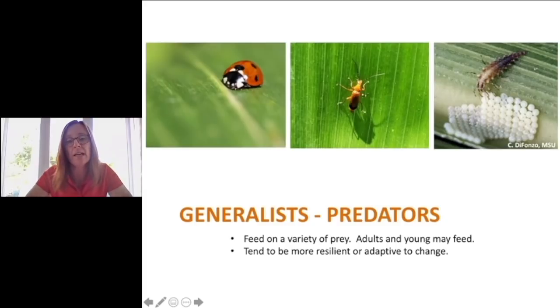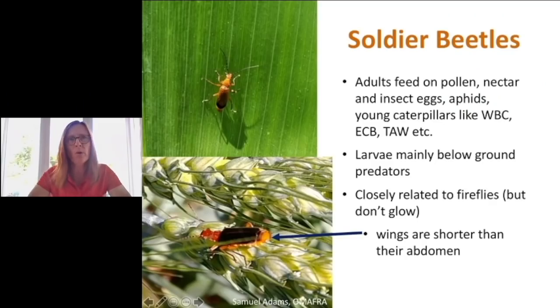So one of the key new ones that I'm noticing more prevalent this year are soldier beetles. They don't get as much attention as they probably should. So the adults feed on both pollen and nectar, but also even insect eggs and smaller insects like aphids and caterpillars. And their larvae, which I'll show next, are also a predator, but below ground.